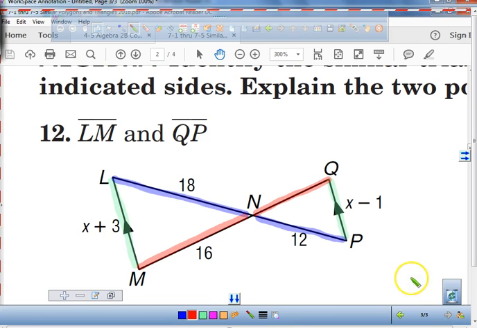So right now, if we wanted to set this up to figure out how to solve for x, what are we going to compare? We can compare the green to the blue, and we can also compare the green to the blue. Which number am I not going to use in this problem? The 16. Not going to use it. That's called extraneous information. Extraneous meaning it's extra stuff that you don't need, that you might use accidentally.